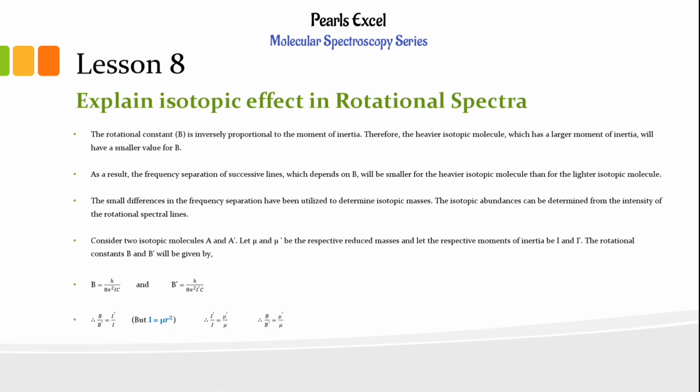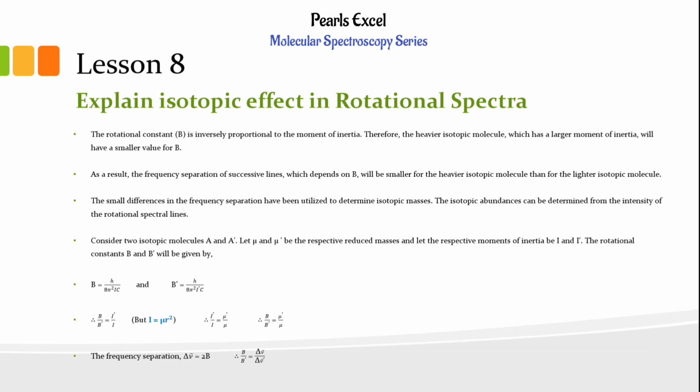Therefore B upon B dash is equal to I dash upon I. But I is equal to mu r square. Therefore, I dash upon I is equal to mu dash upon mu. Now compare this equation with the earlier one, we get B upon B dash is equal to mu dash upon mu. The frequency separation delta nu bar is equal to 2B. Therefore B upon B dash is equal to delta nu bar divided by delta nu bar dash.